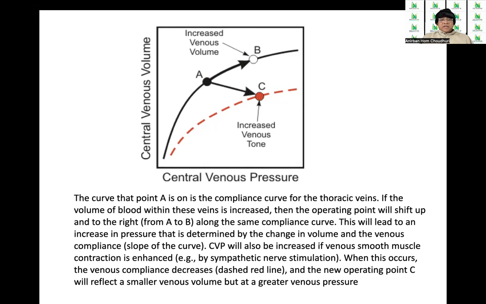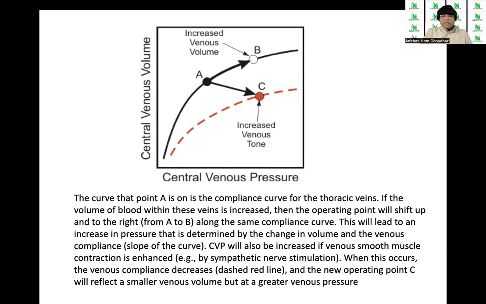So once the compliance decreases, the pressure also increases, but not at the same cost. So the venous compliance decreases, and the new point is C. The change in volume is much smaller, or almost the same, or not much at all in comparison to what it was at B. So central venous pressure can increase as a consequence of both these factors, either because of an increase in the venous volume, or as a result of a change in the compliance.